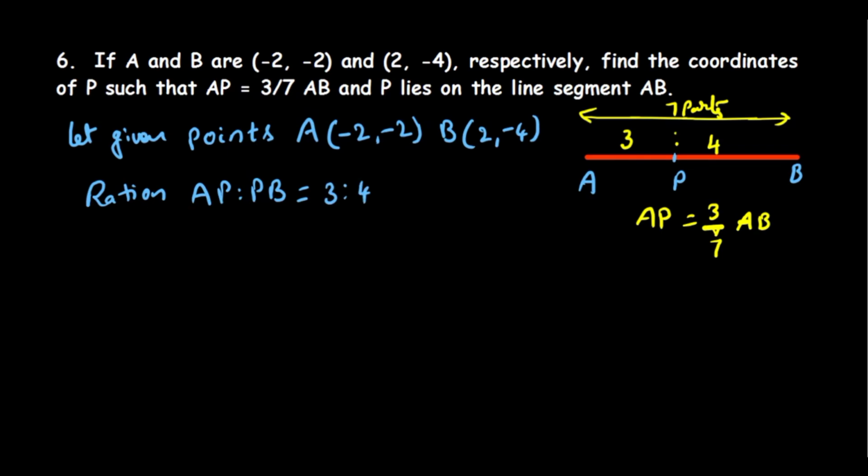So we take this as (x1, y1) and this as (x2, y2), and this is m1 and m2. Here we have the section formula.